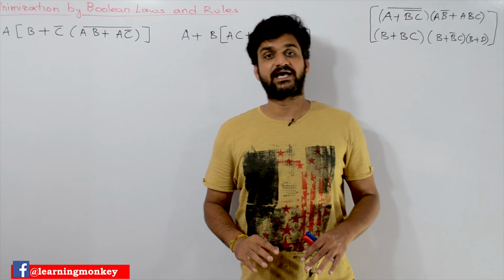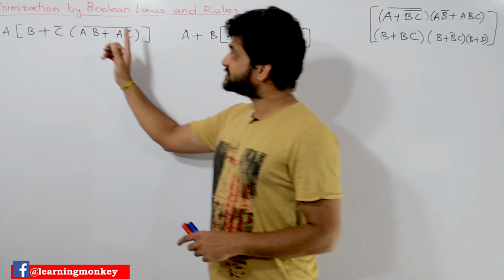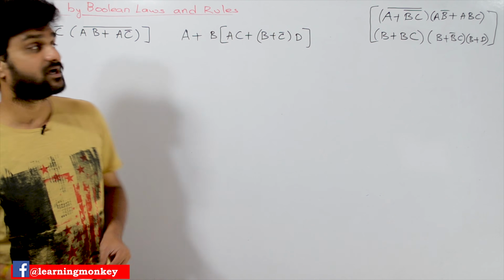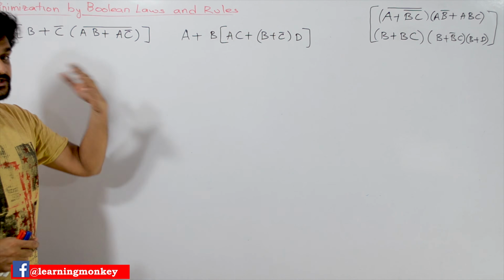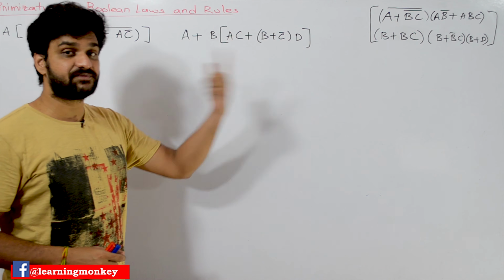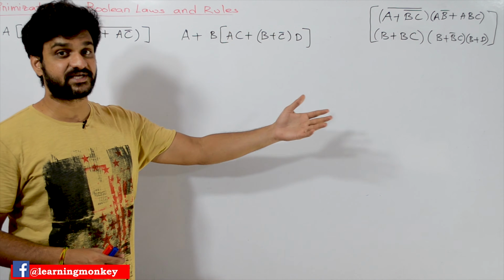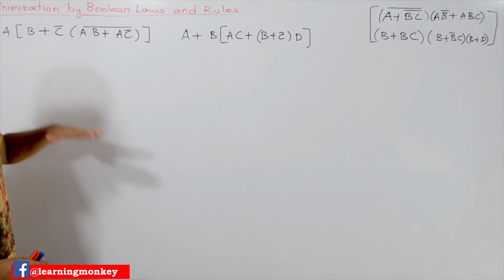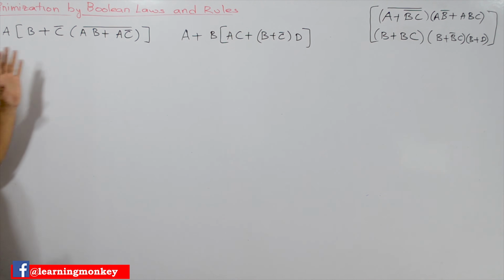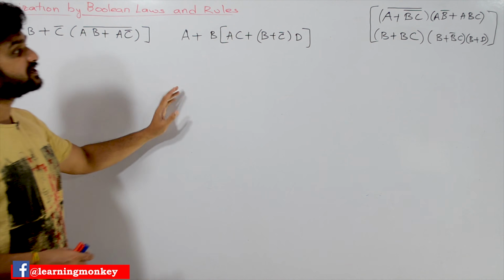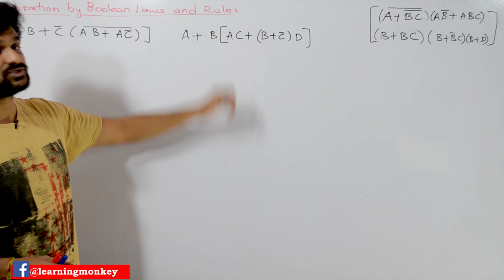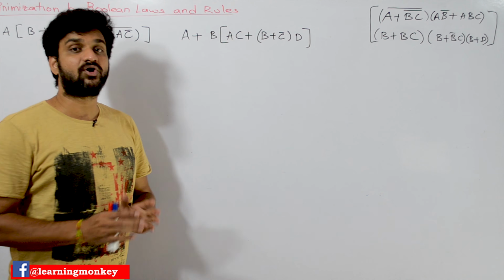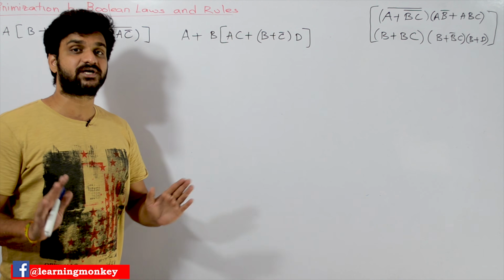Now coming to this class, it is minimization by Boolean laws and rules. The discussion about Boolean algebra has already been made in our previous section. Please watch that section and come back here. In order to minimize a Boolean expression using Boolean laws and rules, one needs to know all the Boolean algebra rules and laws.